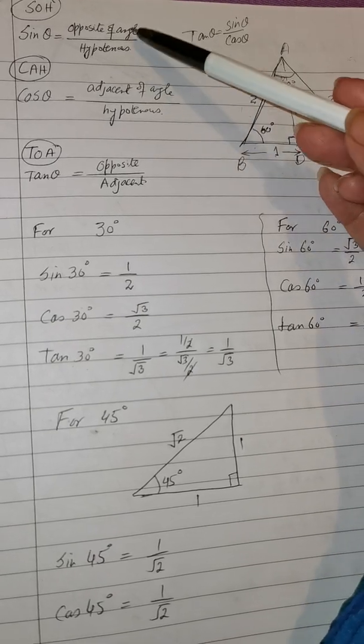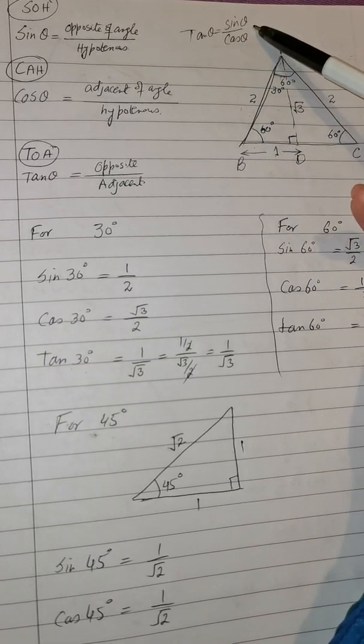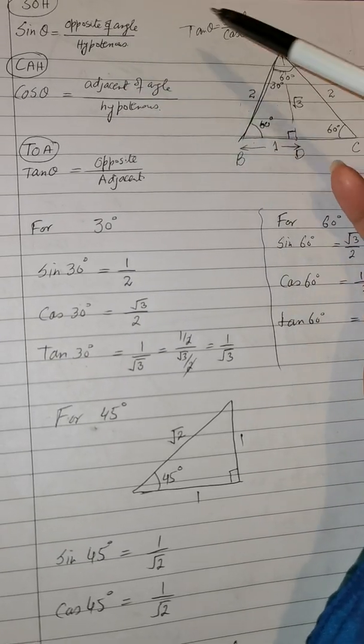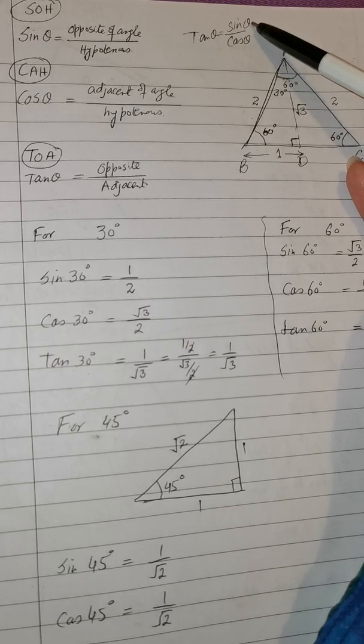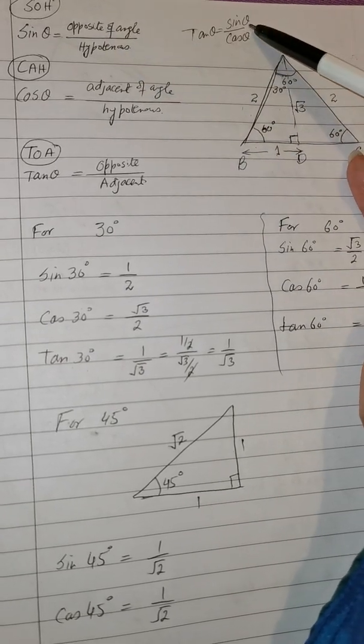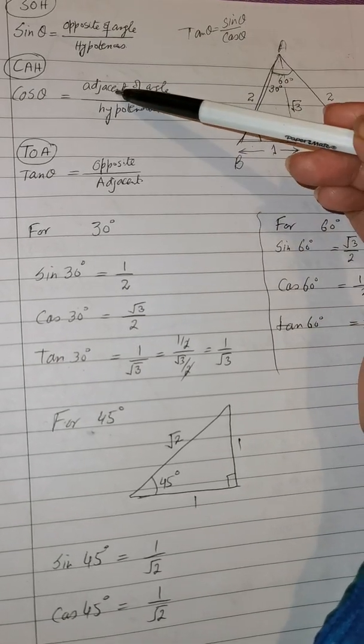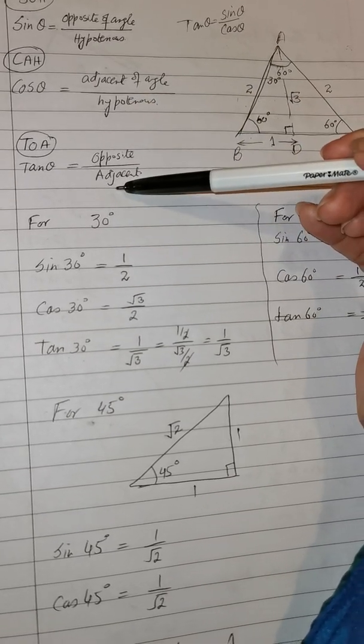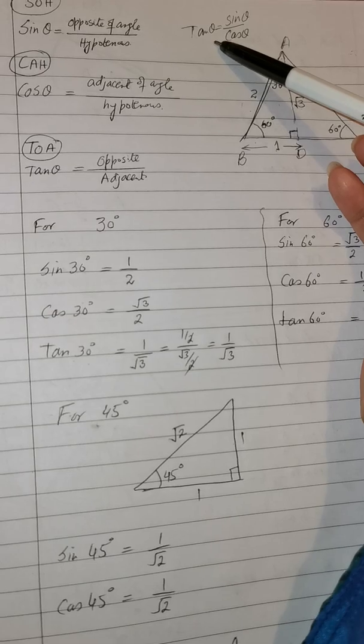So when you apply the values, what will happen? The hypotenuse will cancel each other. Sine is in the numerator, so the opposite will be in the numerator, and cos theta is adjacent, so the adjacent will be in the denominator in case of tan theta, right?